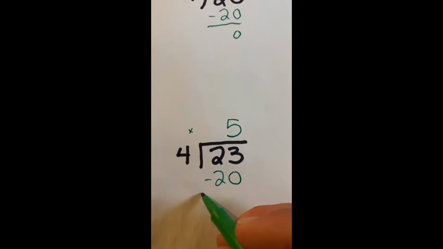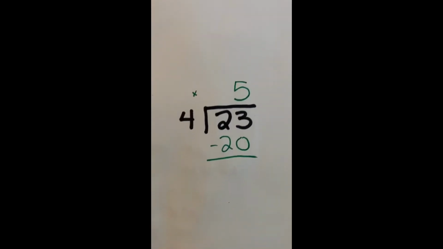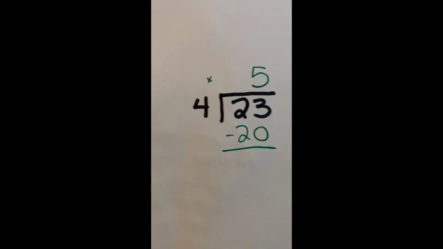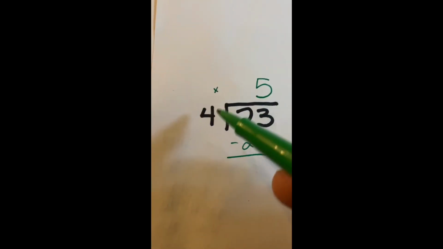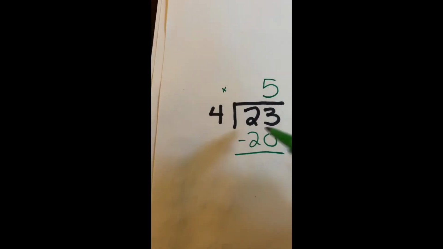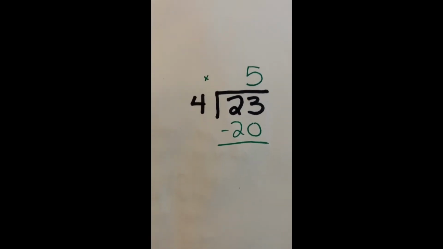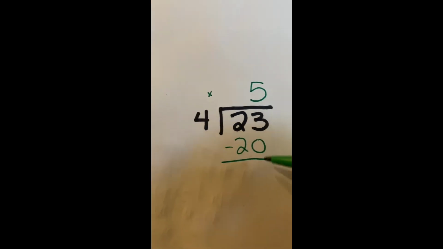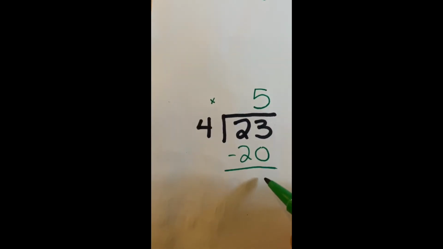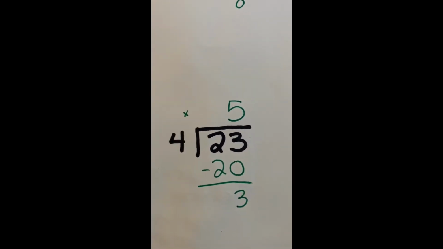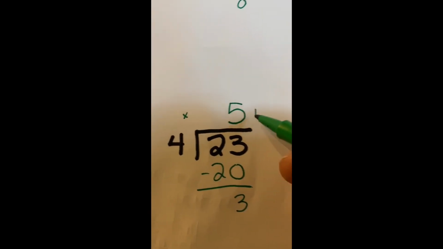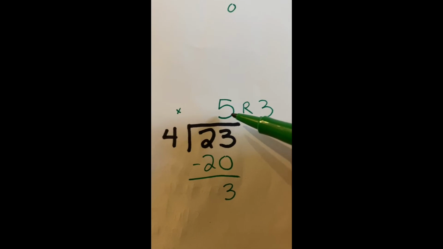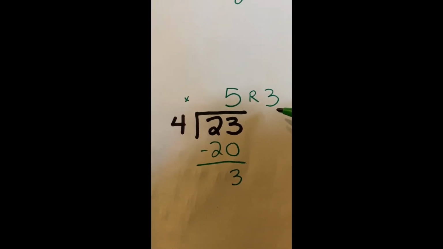That would be 20 dog bones. What if they said, well, we want 6 dog bones? Well, 6 dog bones each is 24, because 6 times 4 is 24. We don't have 24 dog bones. We only have 23. So the most we can get is 5 of them. But there's more left over now. There's a remainder of R3. 5 dog bones each, 3 dog bones left over.